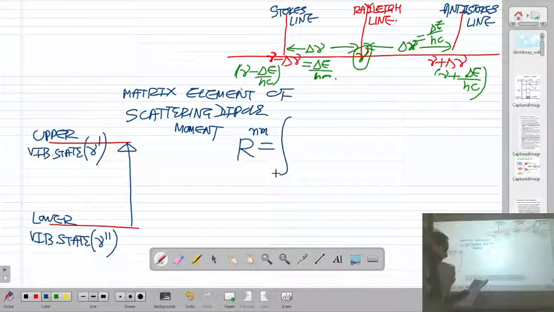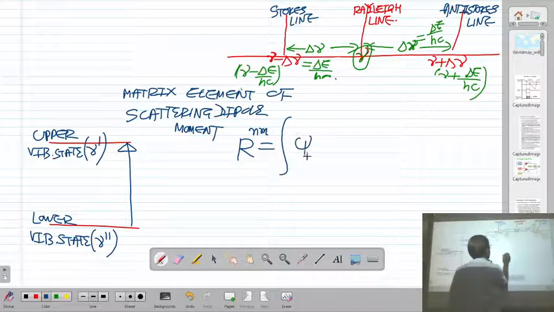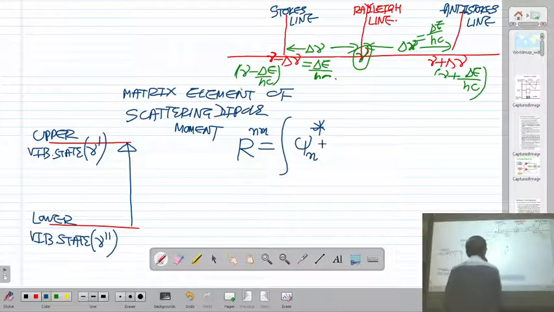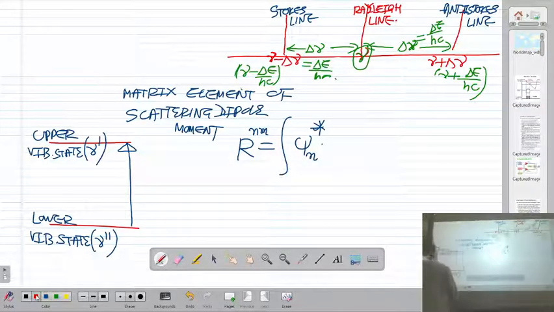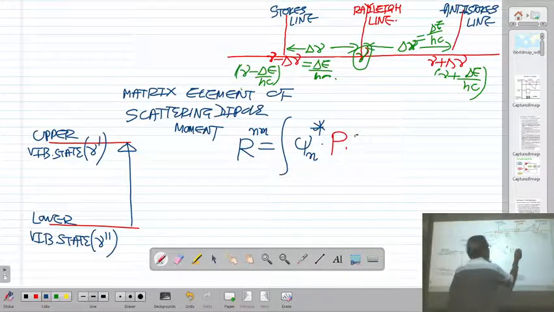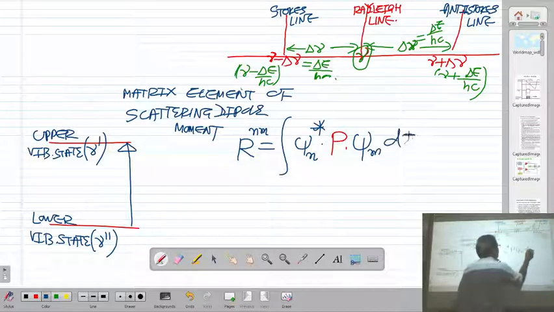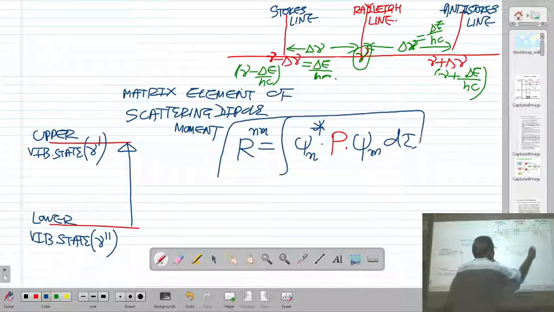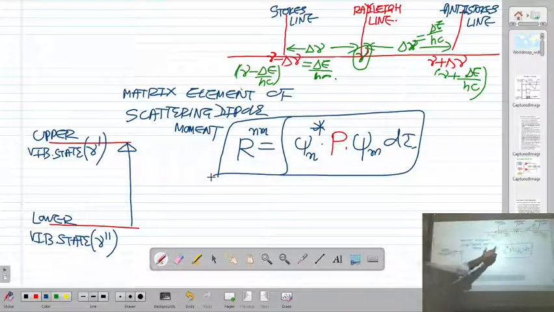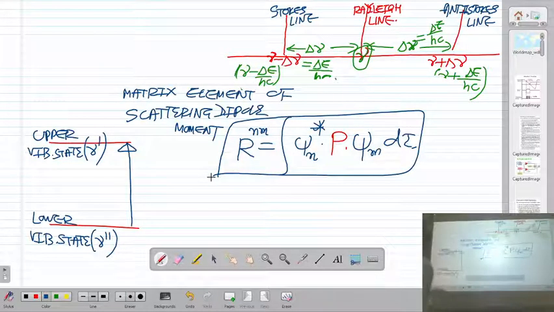Try to understand this equation. You will study this equation in quantum mechanics.